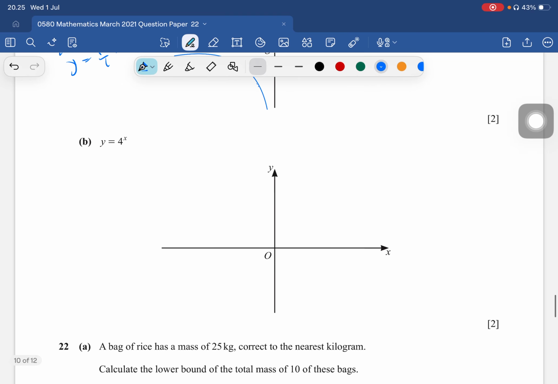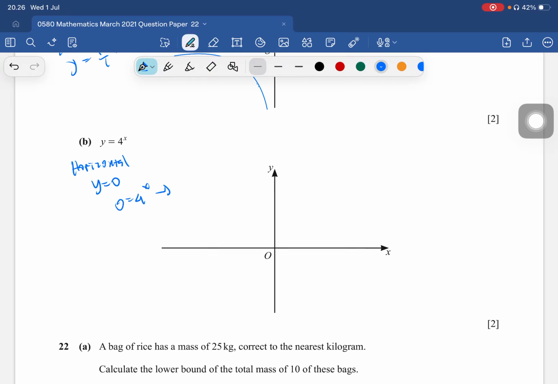Okay, next, this is exponential. As y is always positive, this is gonna be rising from left to right. The asymptote we can get from the horizontal, when y equal to 0. Okay, so 0 equal to 4 to the power of x.